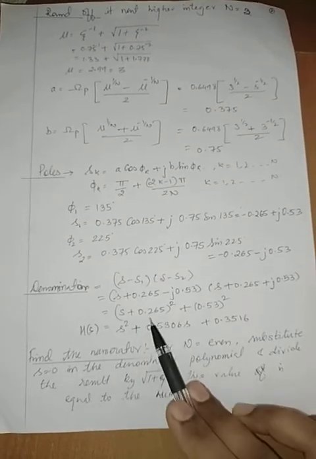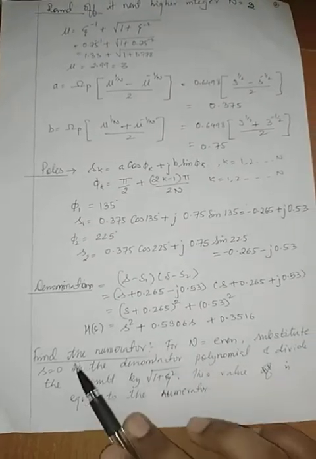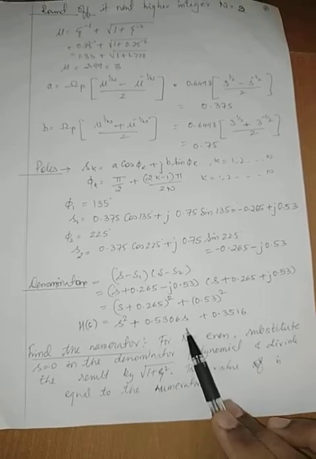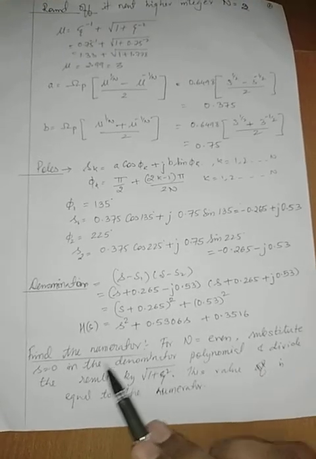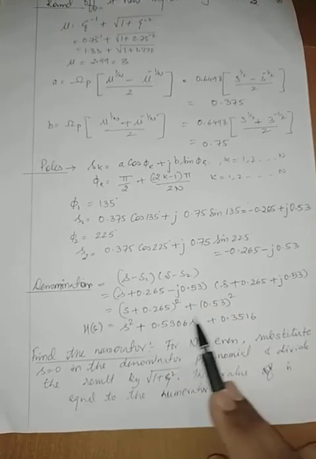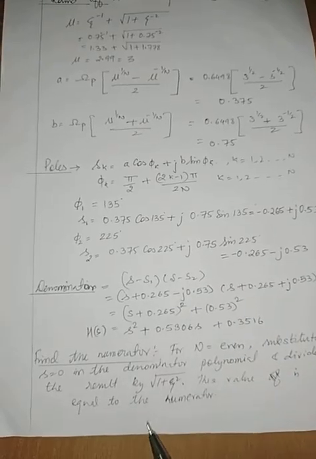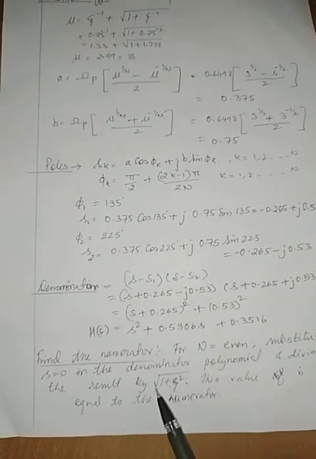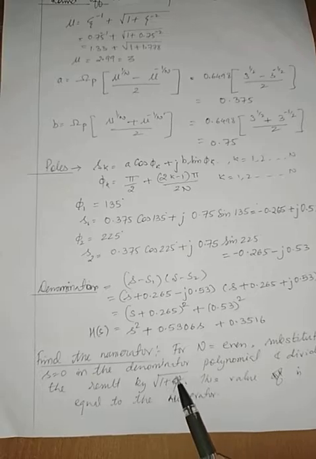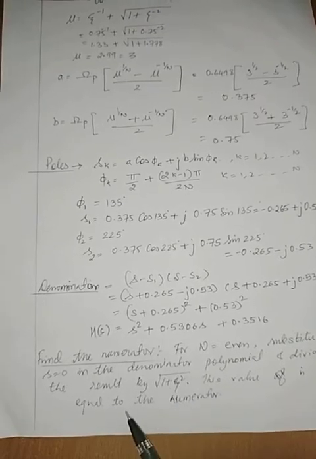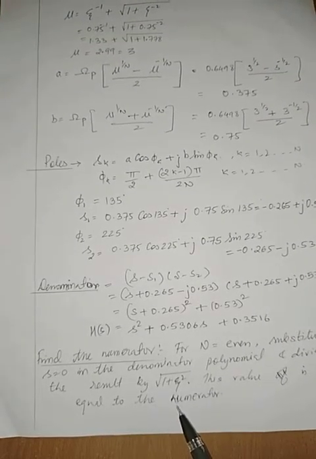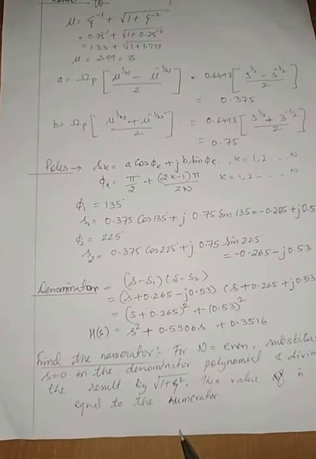We need to find the numerator of the transfer function. So to find the numerator, as the value of n is even, we need to substitute the value of s equal to 0 in the denominator polynomial and divide this term by square root of 1 plus epsilon squared. That value will be the numerator value for H(s).